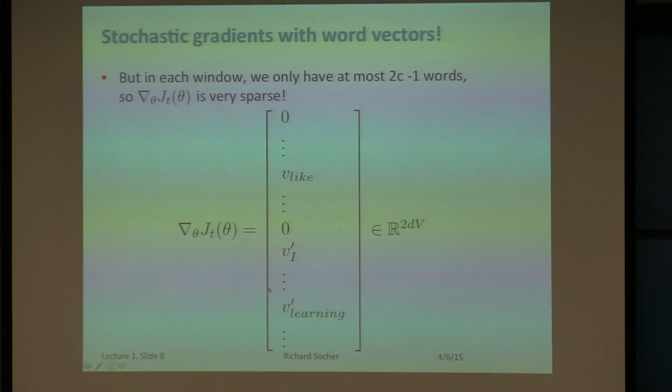So for the very first window that we looked at, where we had the sentence "I like learning", and we looked at the window with the center of "like", and we updated the v primes of "I" and "learning", this will be a very, very large, very sparse vector. And of course now, if you wanted to compute a lot of those and you add a lot of zeros that really don't do anything for you, it's a very costly thing to do.